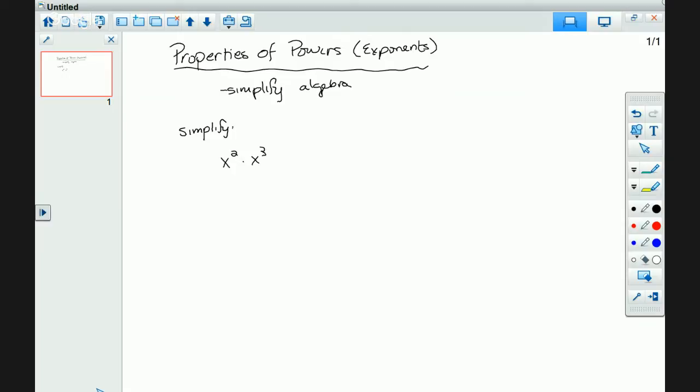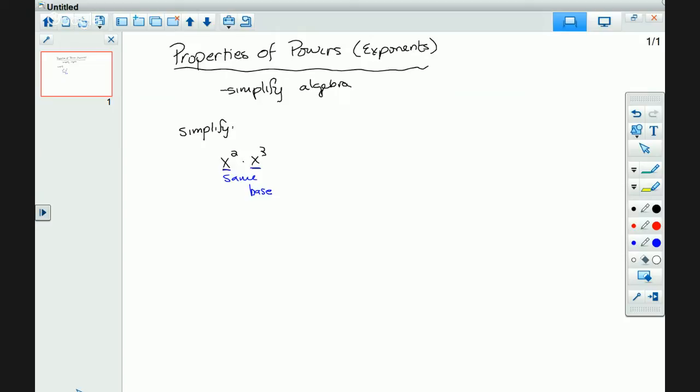So, the things you have to notice. We have the same base, right? That's a requirement, and all of this that we're doing today is a requirement. It has to have the same base.